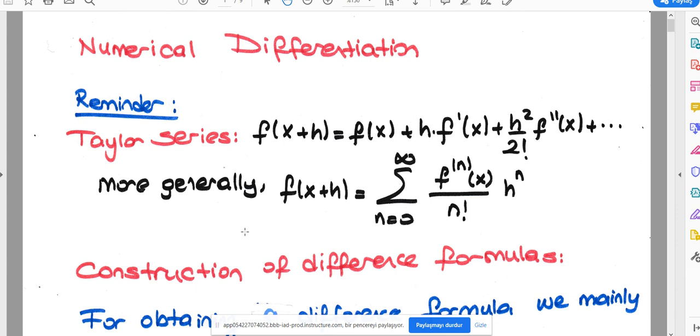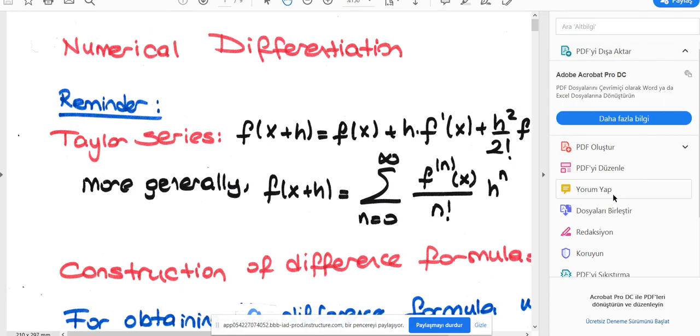Okay, so here is a reminder for you. This is the Taylor series. Let me take my pencil. It's so important because this should be better for our understanding.